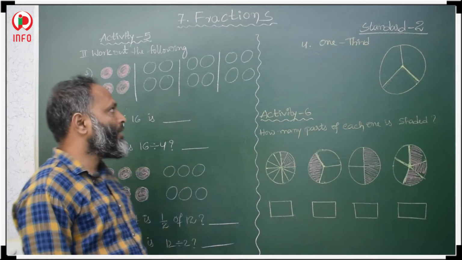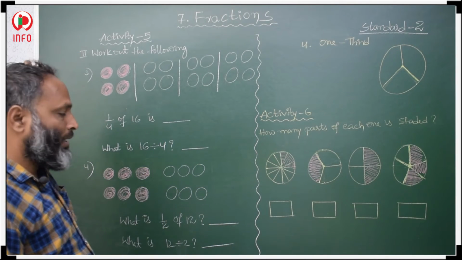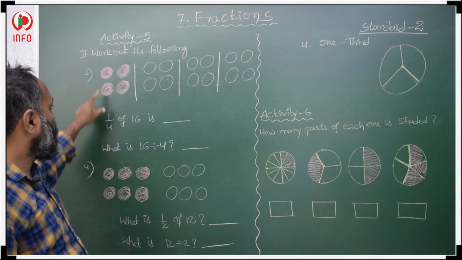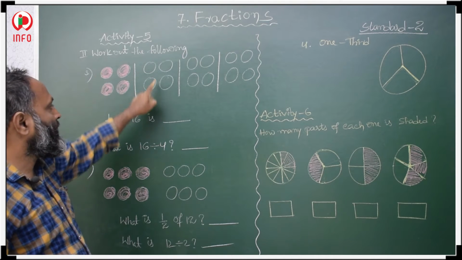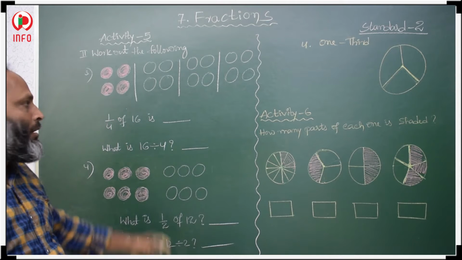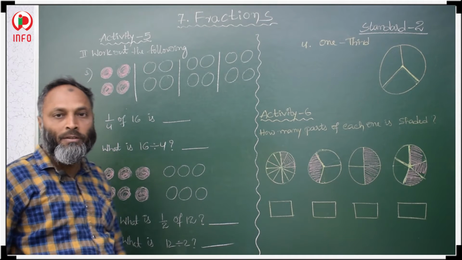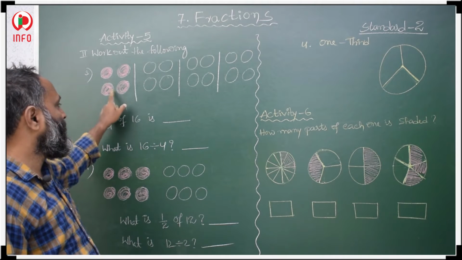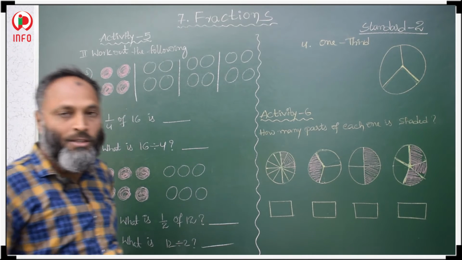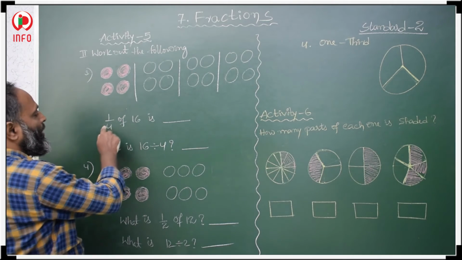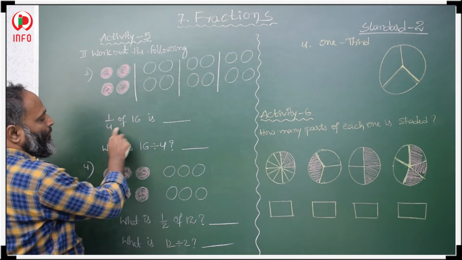Okay students, see here. In the same fifth activity, in the second question, the third one. Here 1, 2, 3, up to 16. Total how many circular objects are given? 16. In 16 circles, 4 circles are shaded. So 1/4 of 16 circles, how much? In the 4 table, when will you get 16? 4 4s are 16.